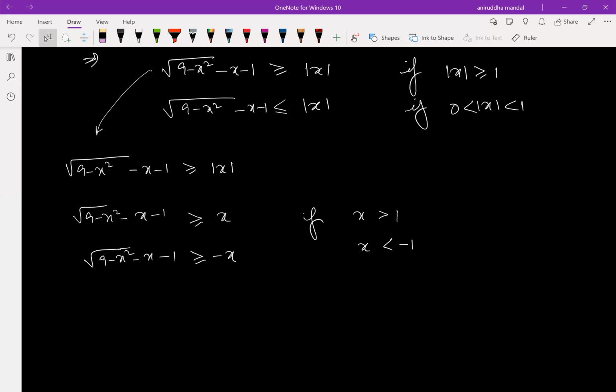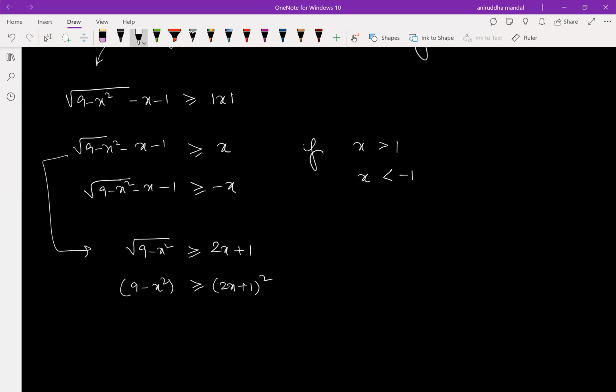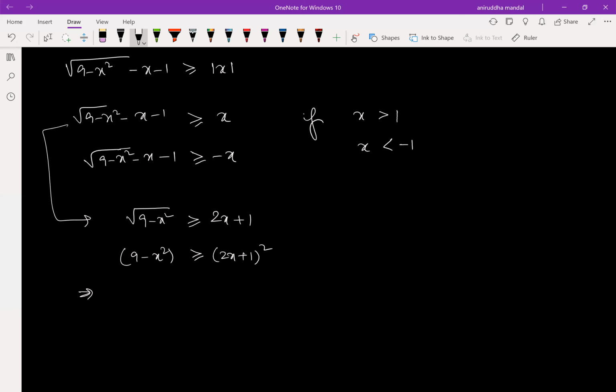So we solve the first expression. We take x to that side, so we get 2x plus 1 and make it square, so we get 9 minus x square is greater than or equal to 2x plus 1 whole square. So we get a quadratic in terms of x.